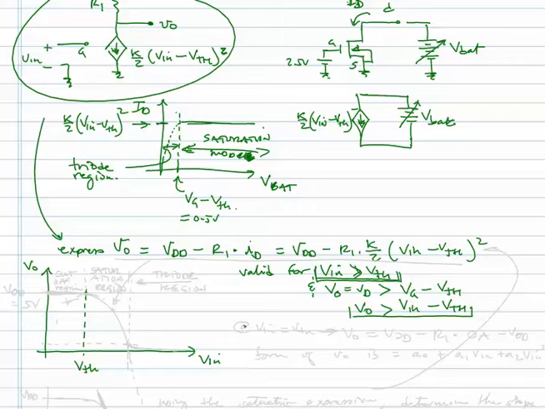We have Vo equal to VDD minus R1 times 0, and it's 0 because the current is proportional to Vin minus V threshold, and Vin is V threshold, so that difference is 0. So Vo is equal to VDD.